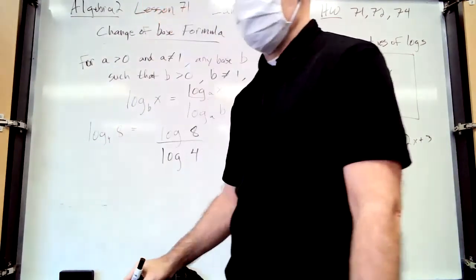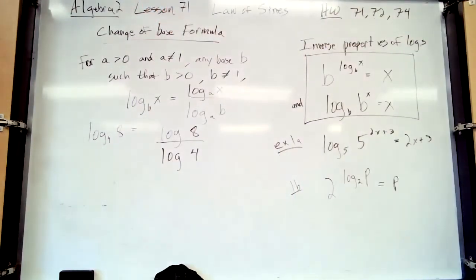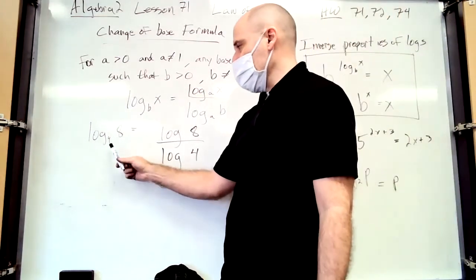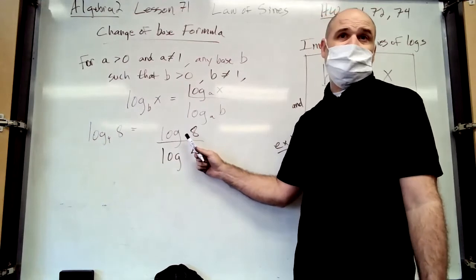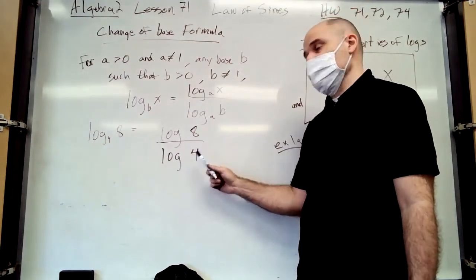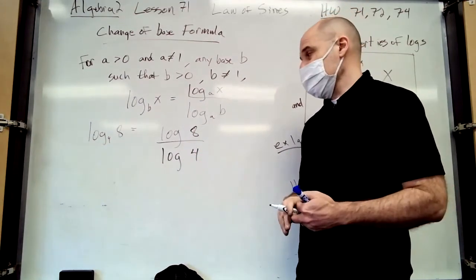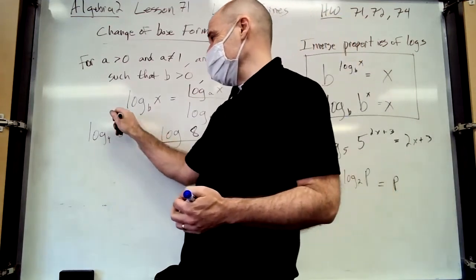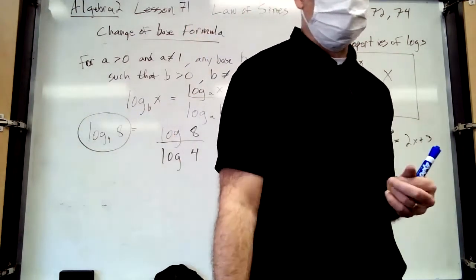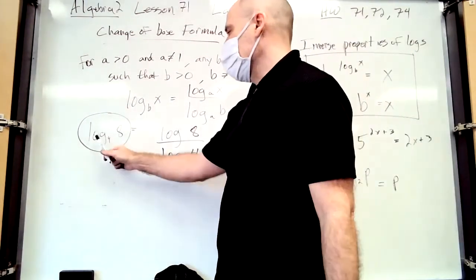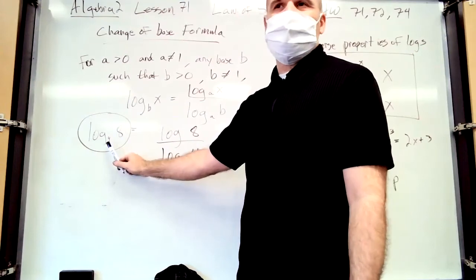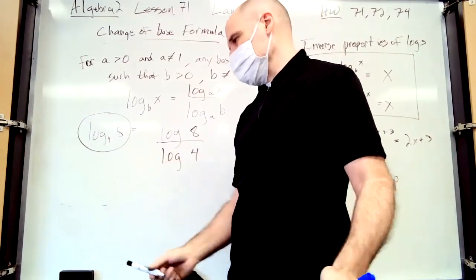On your calculator, remember, log without any base is just base 10. So on a calculator, this would give me the log base 4 of 8 by taking the log base 10 of 8 divided by the log base 10 of 4. There's not a nice little button that does that, so you have to take a log of that over log of that, and it works.